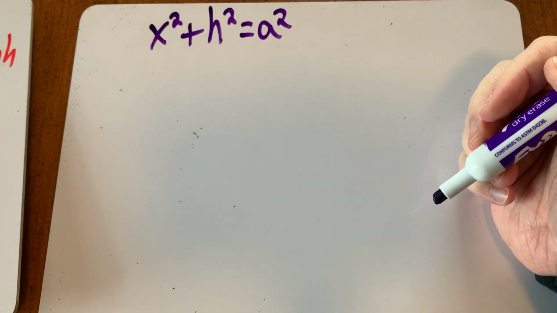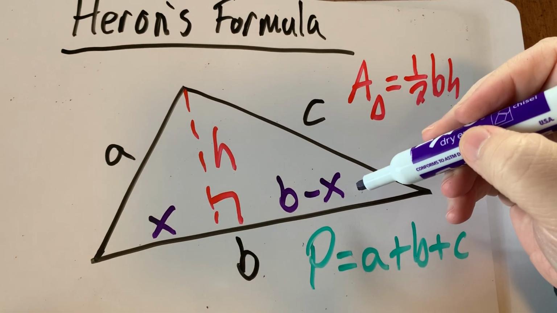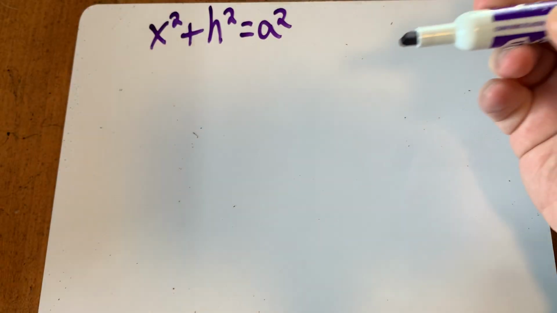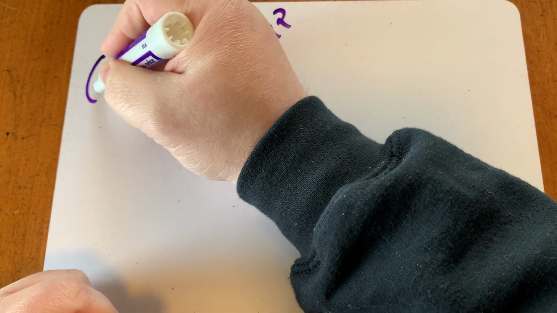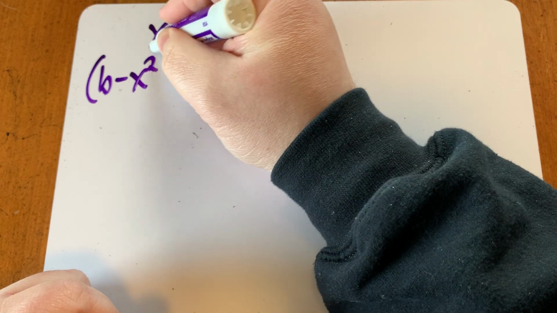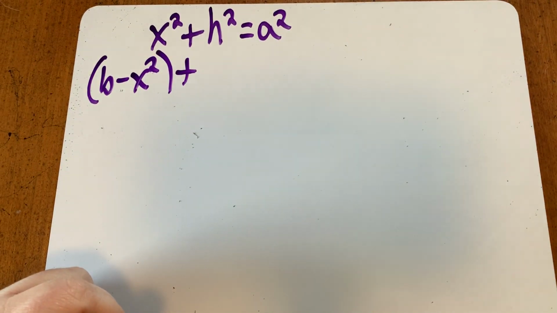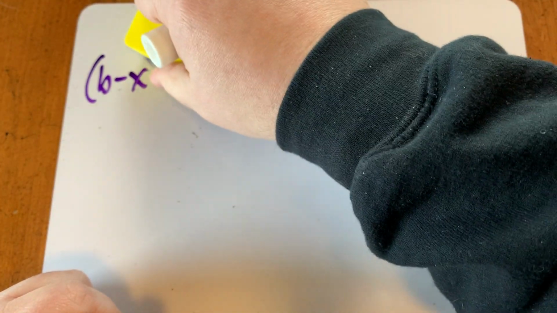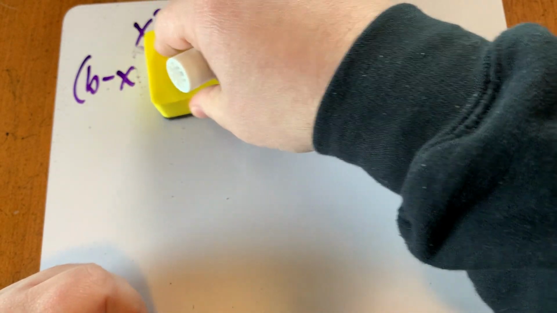And then for the other triangle, b minus x squared plus h squared equals c squared. Oops, I put the square on the inside, but I want that to be outside the parentheses.